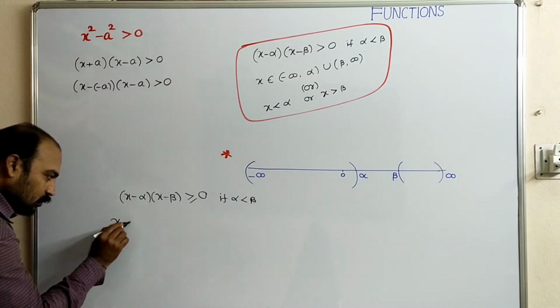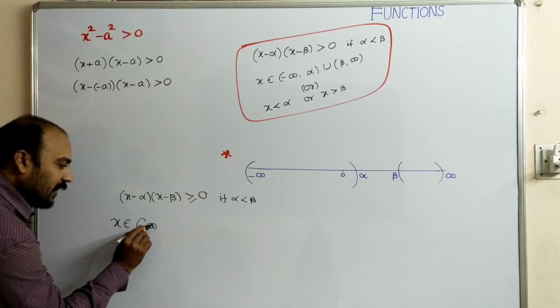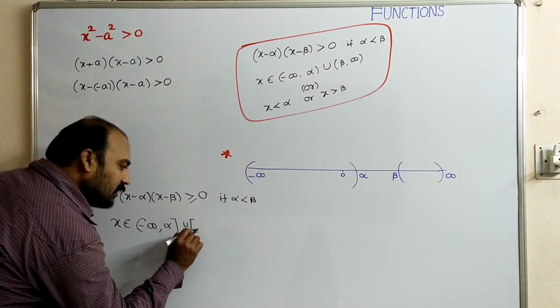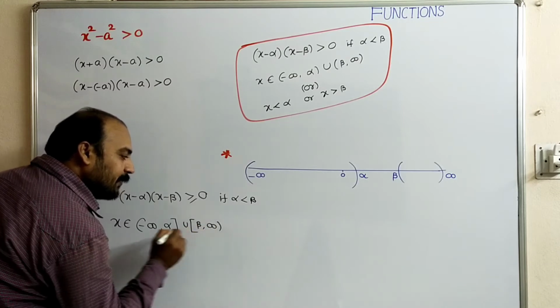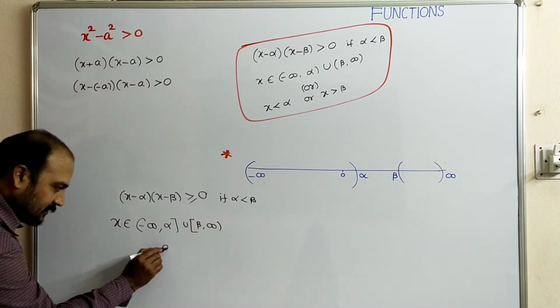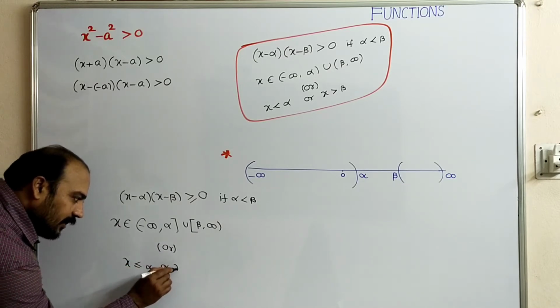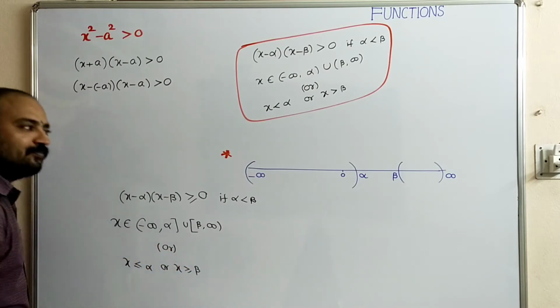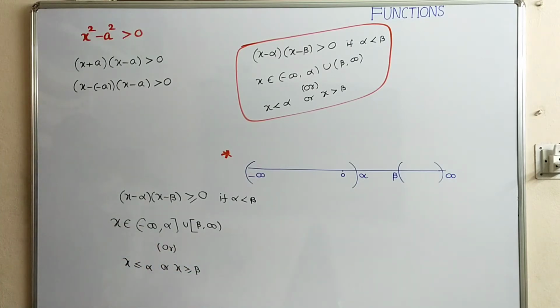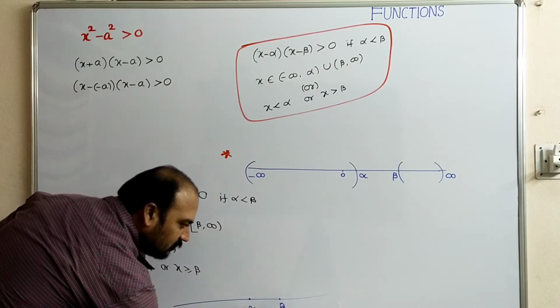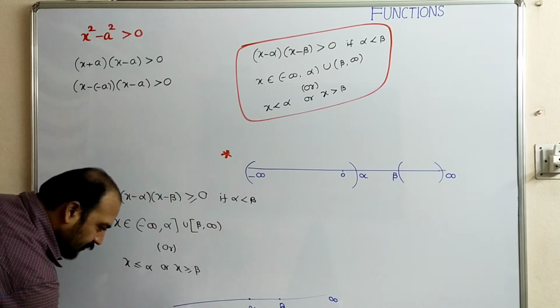X belongs to open interval of minus infinity to closed alpha, that means x is less than or equal to alpha, union beta to infinity, closed interval of beta to infinity, or we can write it as x is less than or equal to alpha or x is greater than or equal to beta. Now if we represent in the real number line, observe that this is alpha, this is beta, this is infinity, this is minus infinity.